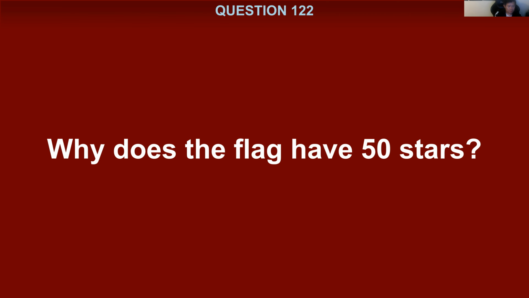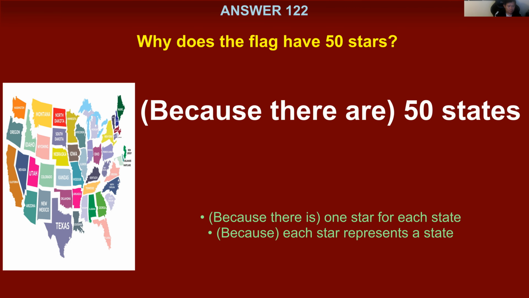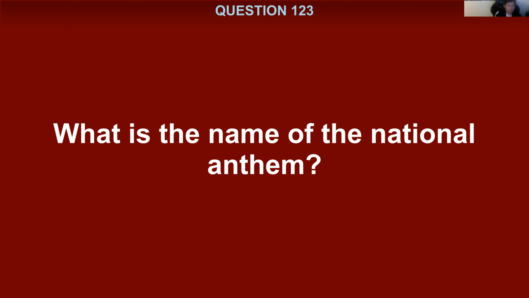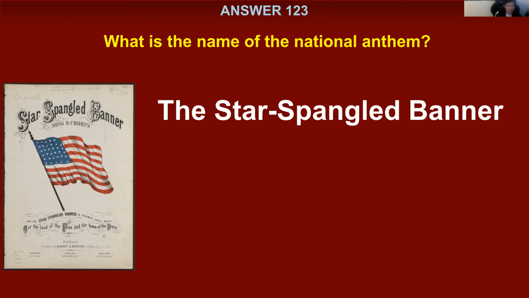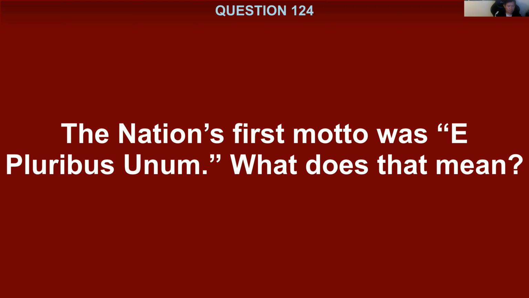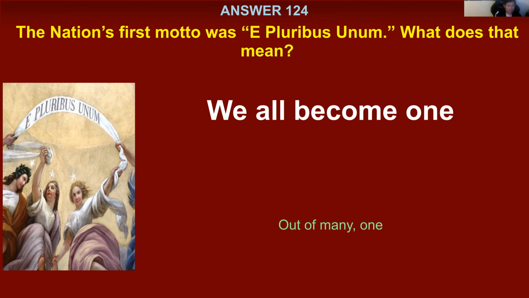Why does the flag have 50 stars? Because there are 50 states. What is the name of the national anthem? The Star-Spangled Banner. The nation's first motto was E Pluribus Unum. What does that mean? We all become one.